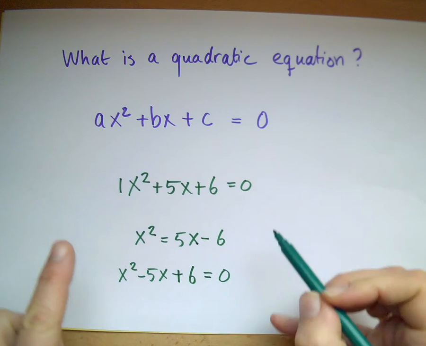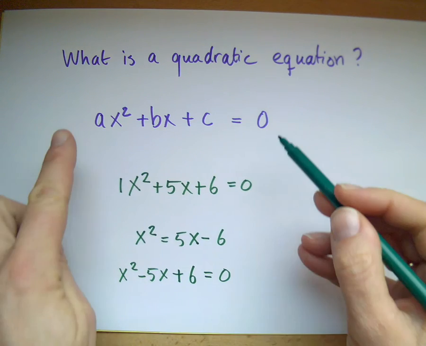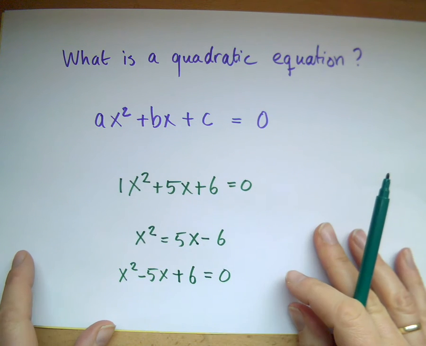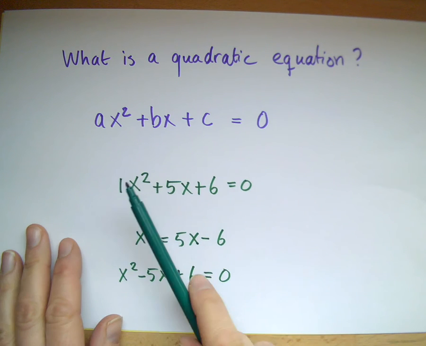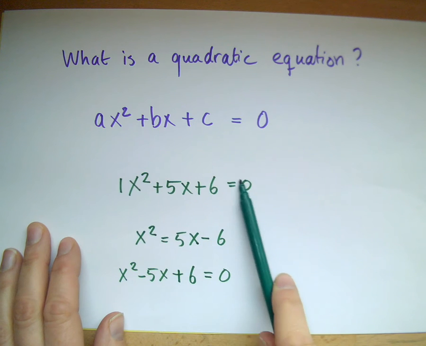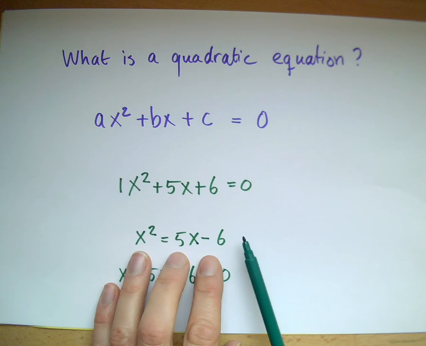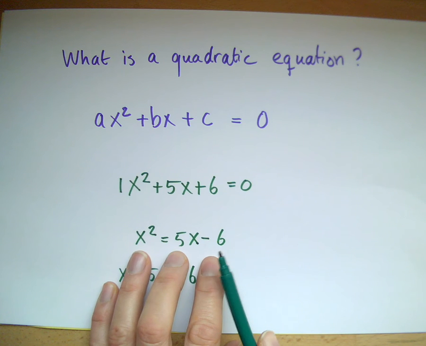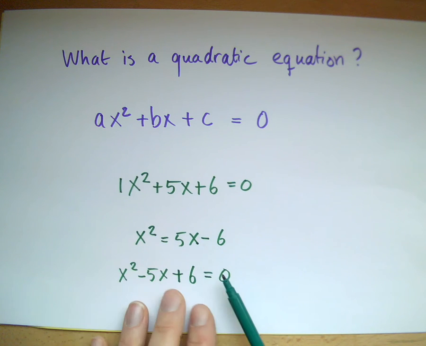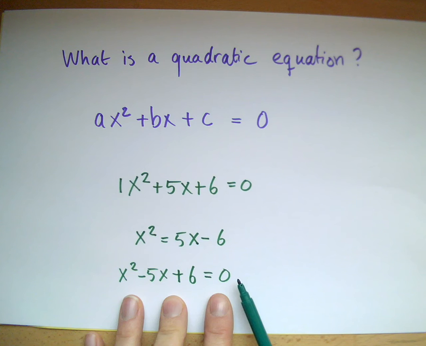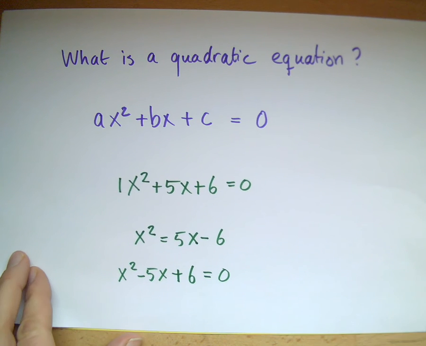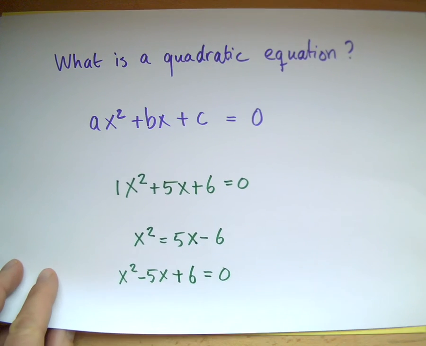See how now it's in the correct shape. Okay, so a quadratic equation may look right away like a quadratic equation. Sometimes you won't recognize it immediately, but when you move things around and get it into the right shape, then it will look like a quadratic equation.